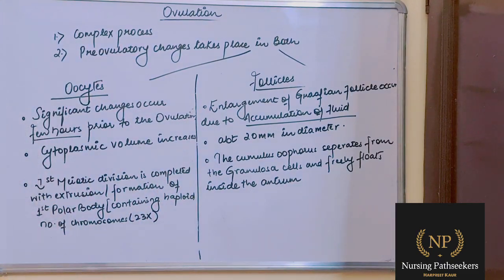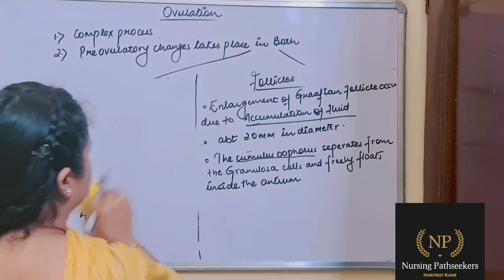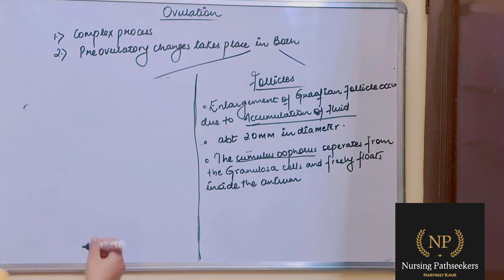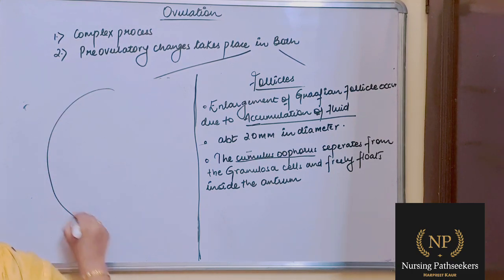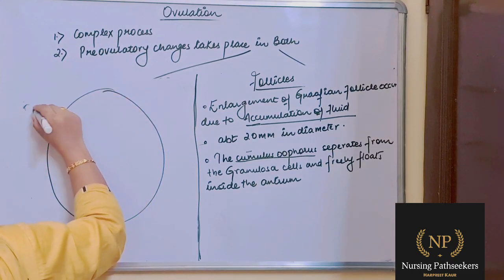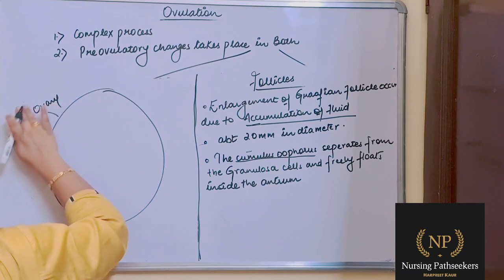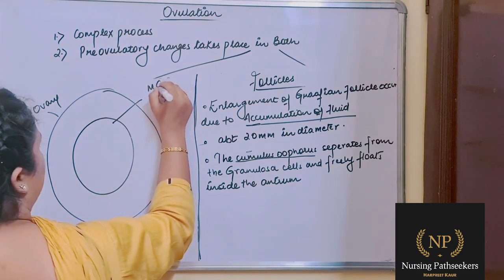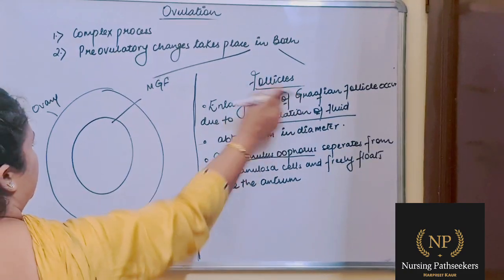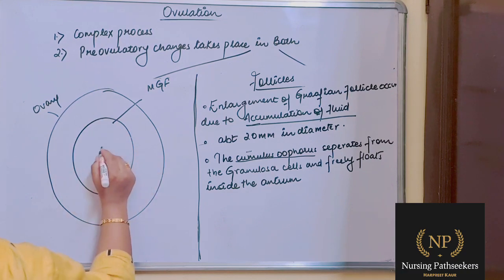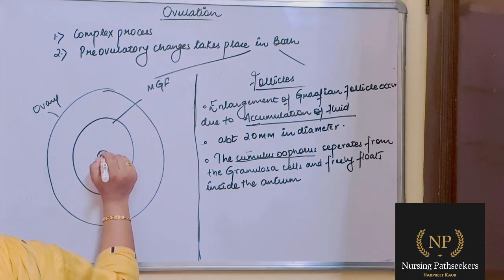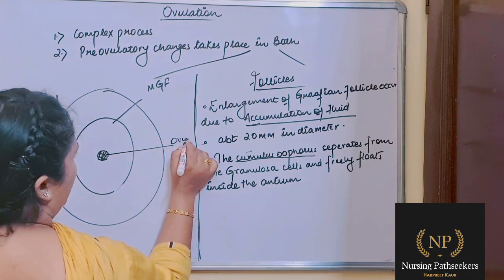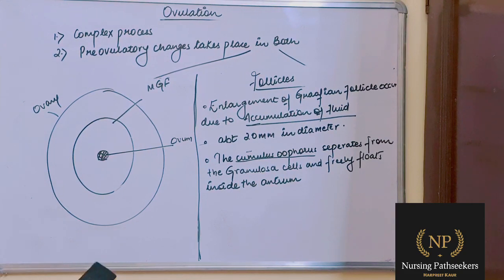Now what happens is, I'll show you here. This is the ovary, for example, and within the ovary lies the mature Graafian follicle. Right? This is the mature Graafian follicle, and within the mature Graafian follicle lies the mature ovum, or we can call it secondary oocyte also.